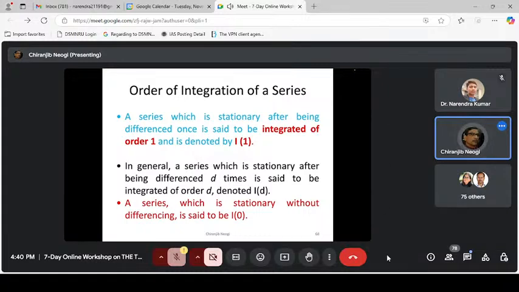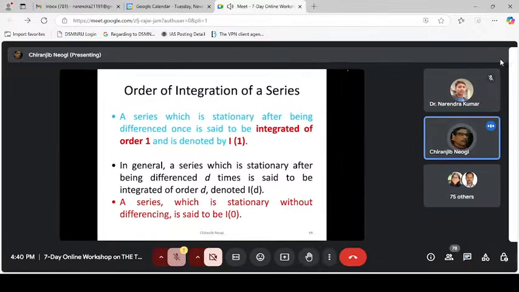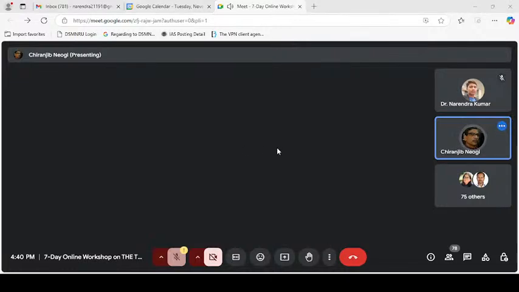And if the series is stationary without any differencing, then it is integrated of order 0, because the differencing is 0. Without differencing, we call it integration of order 0.